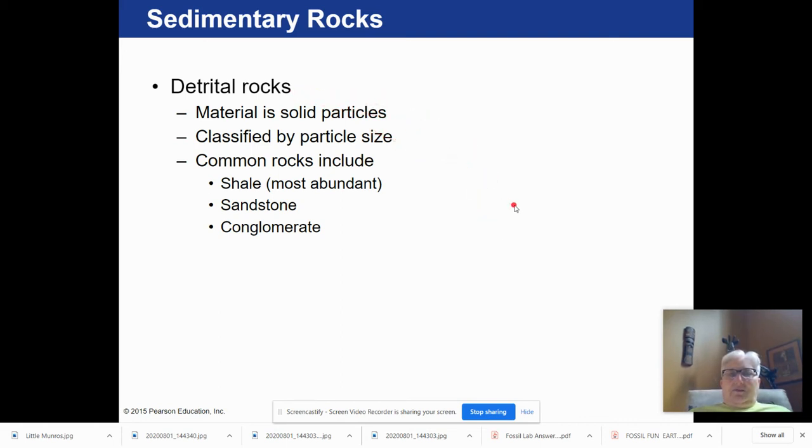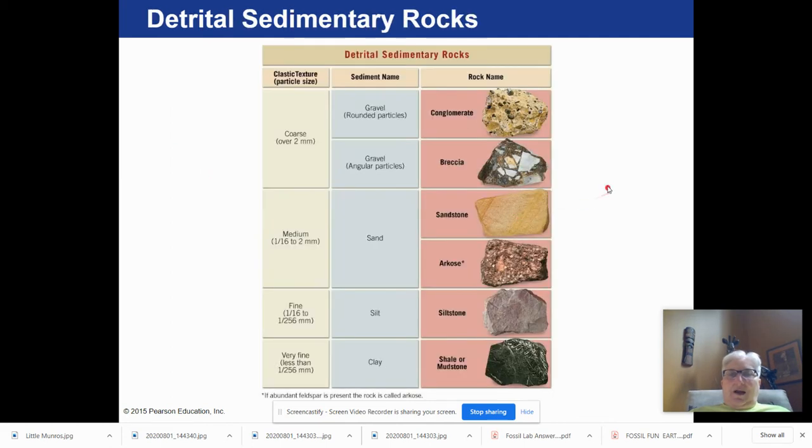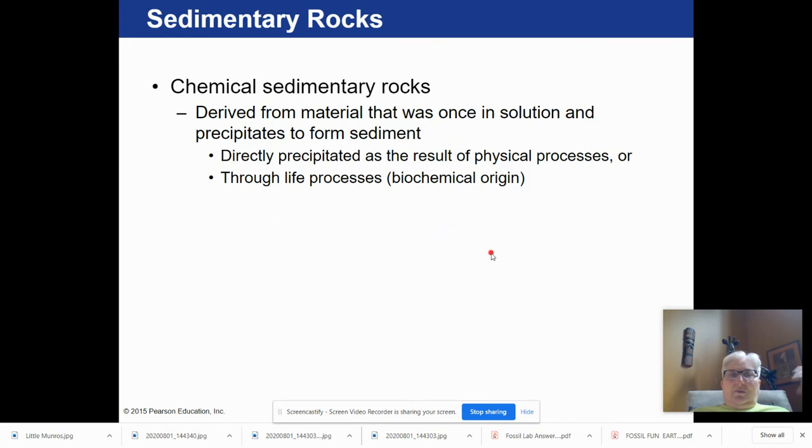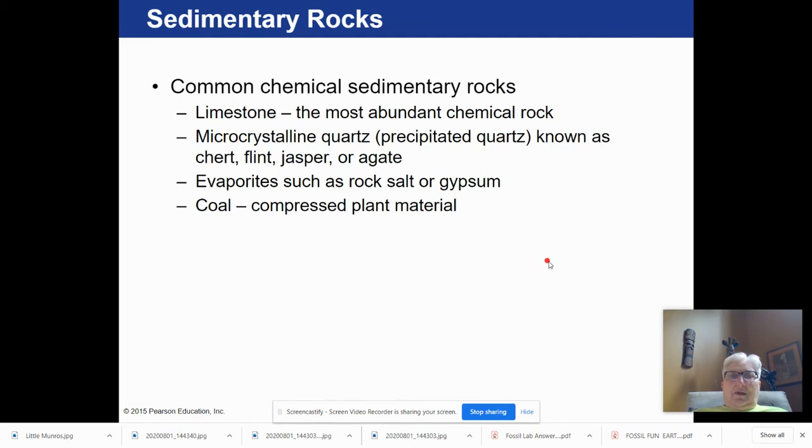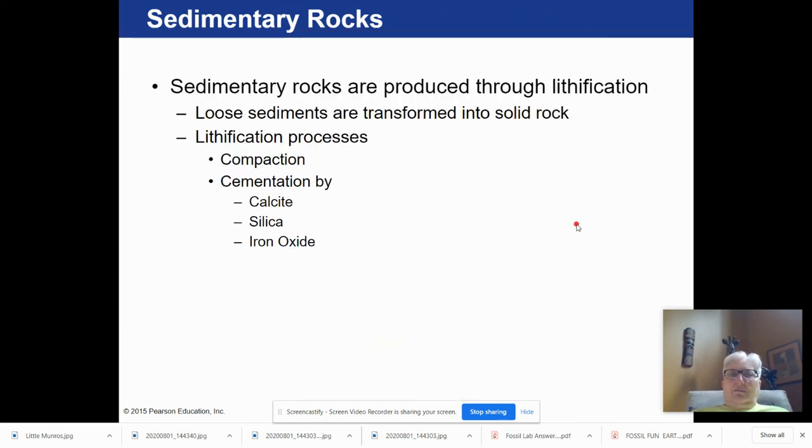All right, so the detritus is going to be more of your solid rock materials, and the chemical will be more of the gas or liquid types of materials. Some of our common sedimentary rocks that we would know: sandstone, limestone, very common in our area, Illinois. Right? Coal being kind of the most common.